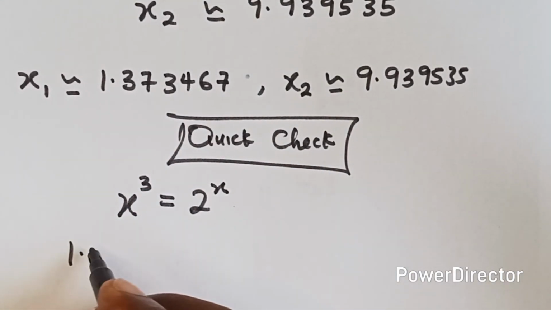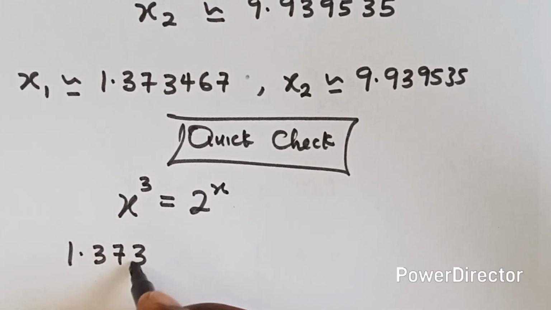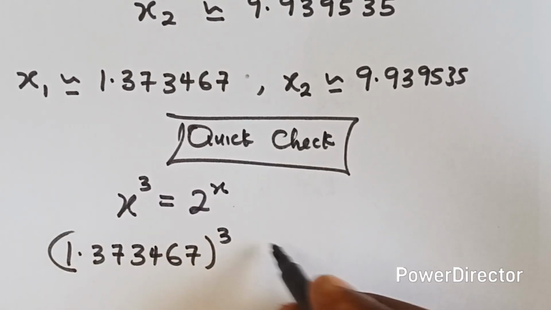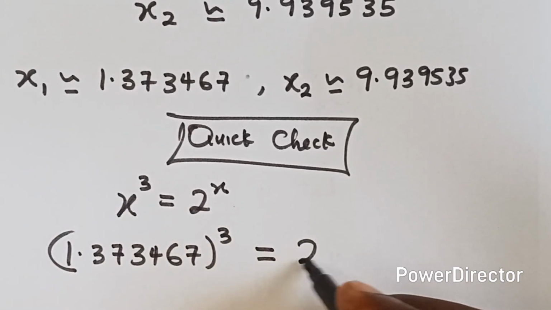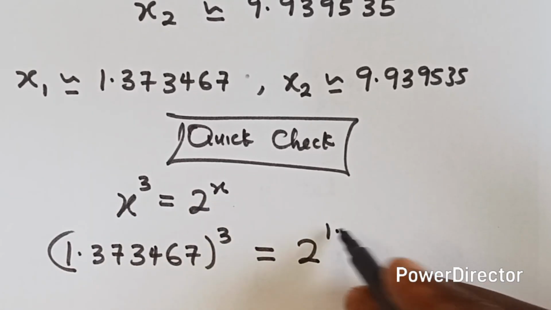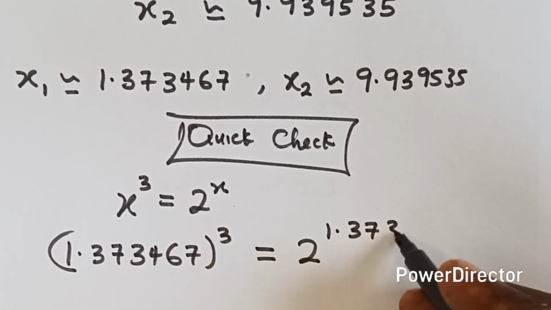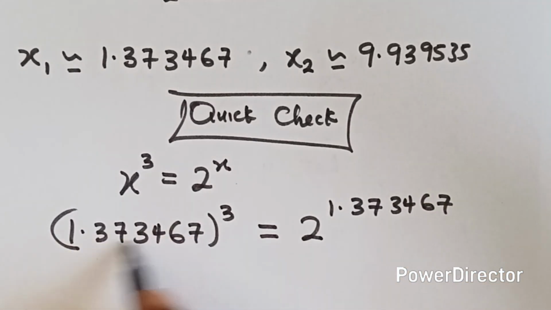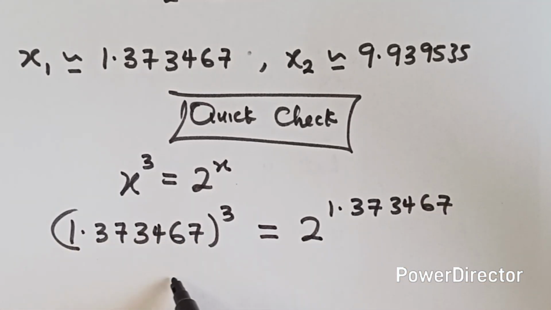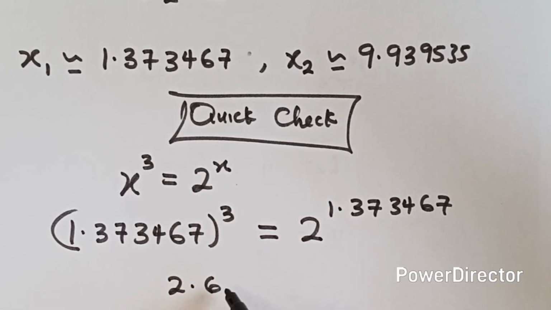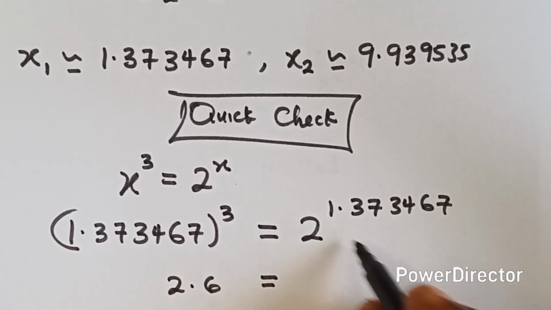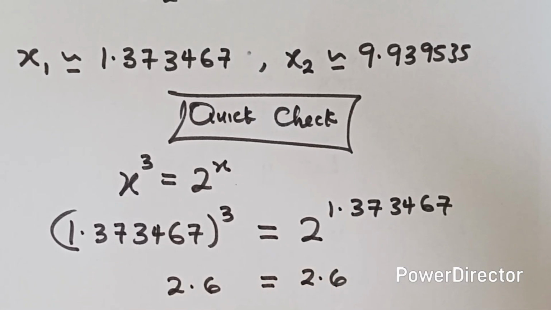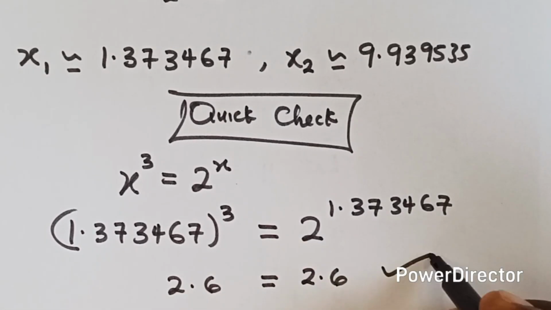We have 1.373467 raised to the power 3 equals 2 raised to the power 1.373467. All right, so now this will give us approximately 2.6. And if you also look at this, it will give us approximately 2.6. So that means that here the value of x is valid.